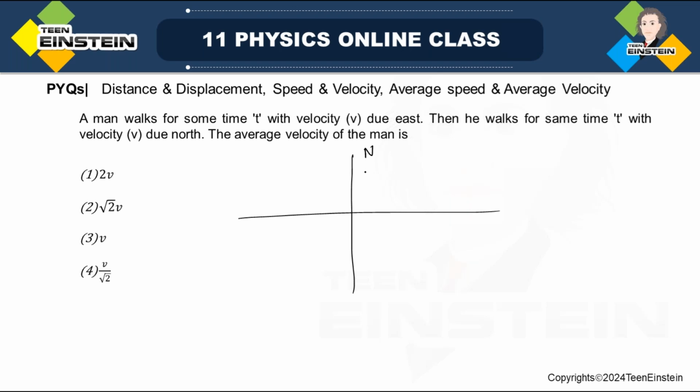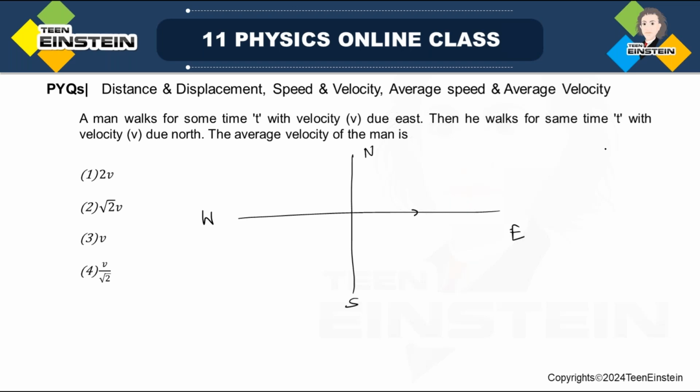Okay, so this is north, this is south direction, this is east, and this is west. The question says a man walks for some time t with velocity v due east. Due east means exactly in the east direction. Let us say it goes up to here within time t.